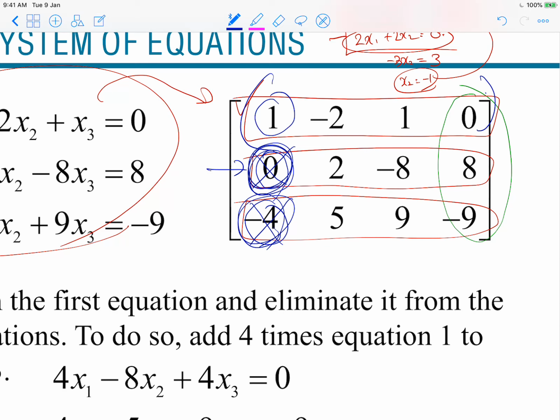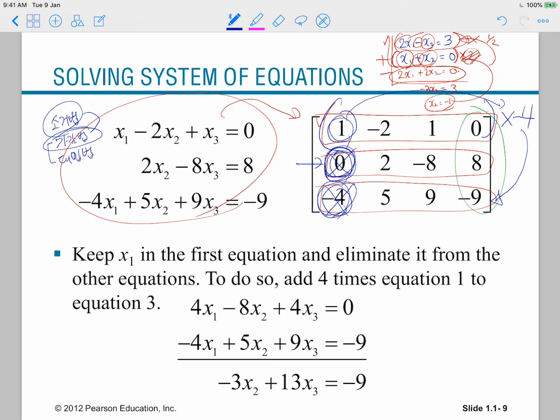In this case, we multiply by -4 and add it to the third equation, and it's still 0.